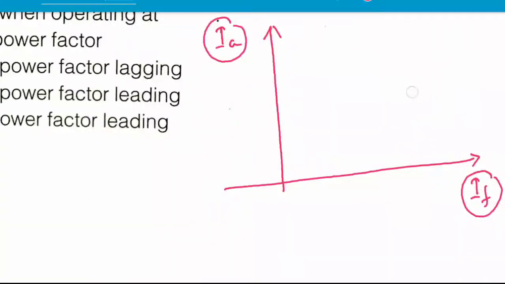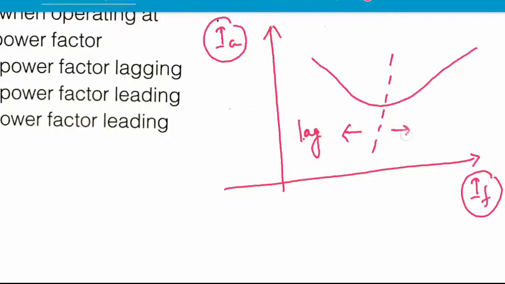The V curve is like this, and I am writing below: this is the lagging portion, and this one is the leading portion. This one is the minimum current, minimum IA, that is the armature current.